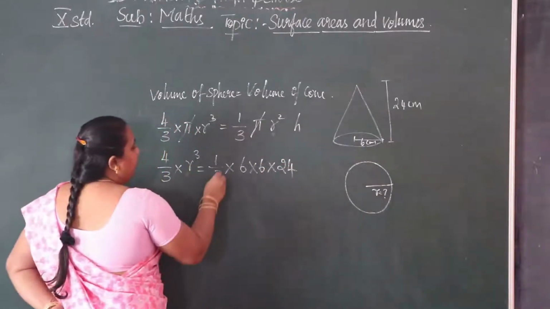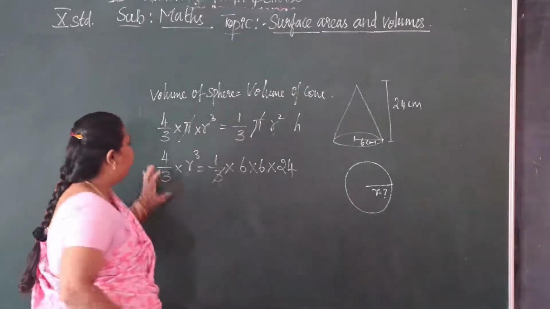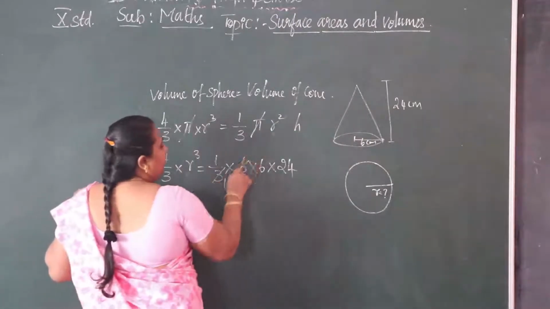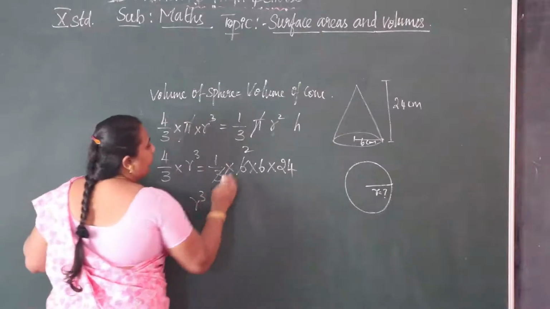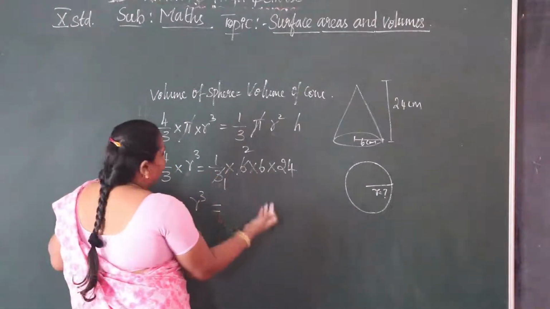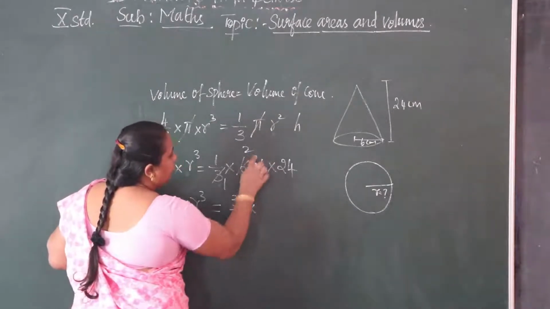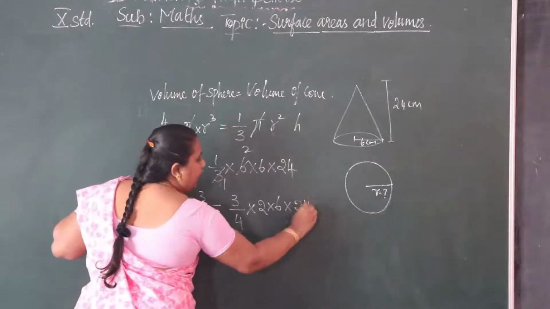Now we have to transpose 4 by 3 from LHS to RHS. So r cube equals, this 4 by 3 can be transposed into RHS. So 3 by 4 into, it is already there, 2 into 6 into 24.